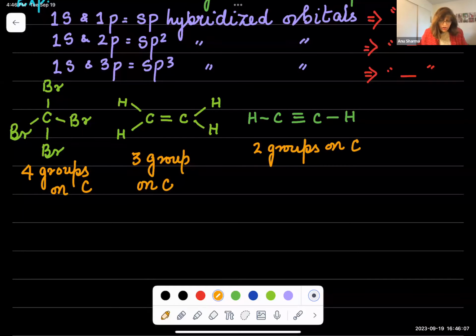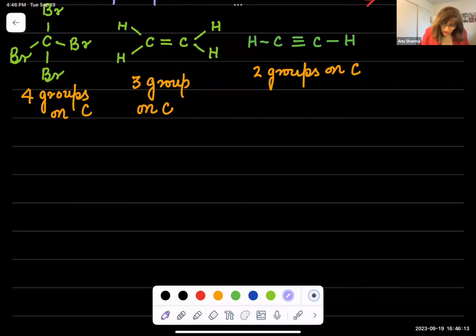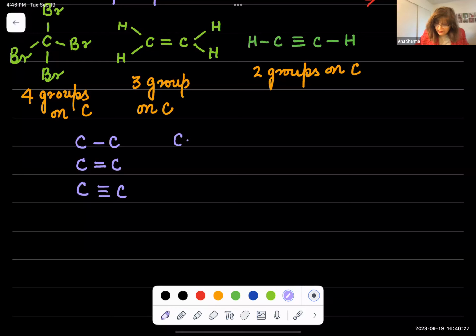All right. So generally, we know a few things about carbon-carbon bonds. Whether it's carbon-carbon single, carbon-carbon double, or carbon-carbon triple, regardless, these are considered to be non-polar. Now, even carbon-hydrogen bond is non-polar, okay?